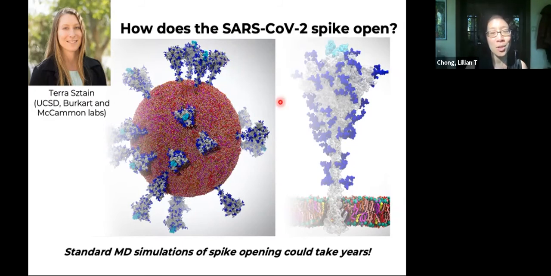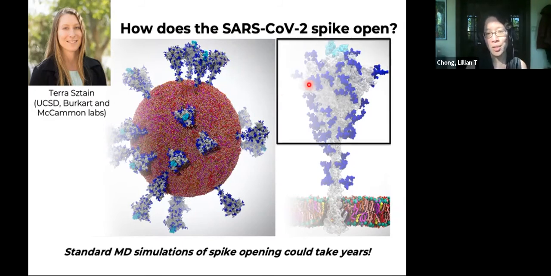So we decided to focus on just this head region of the spike protein. So focusing on the minimal part that opens. And this is a process that could take years to simulate with standard MD simulations because it is a second timescale process. So this is where an enhanced sampling approach is sorely needed.